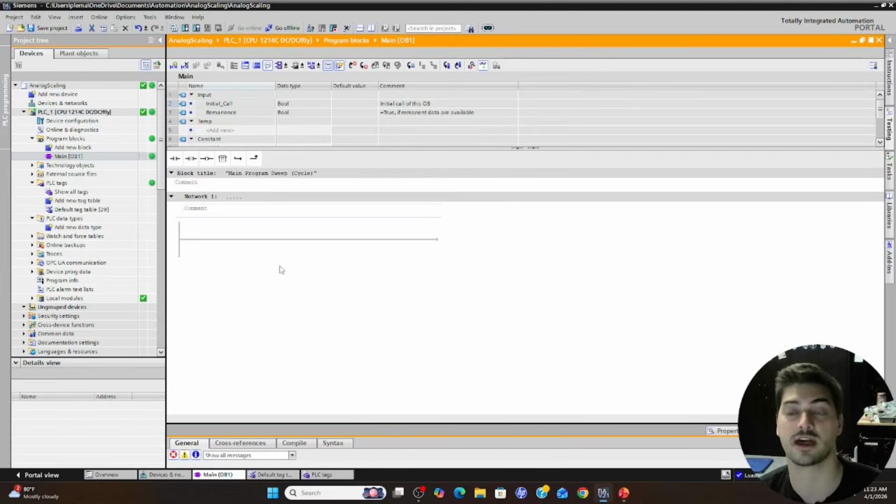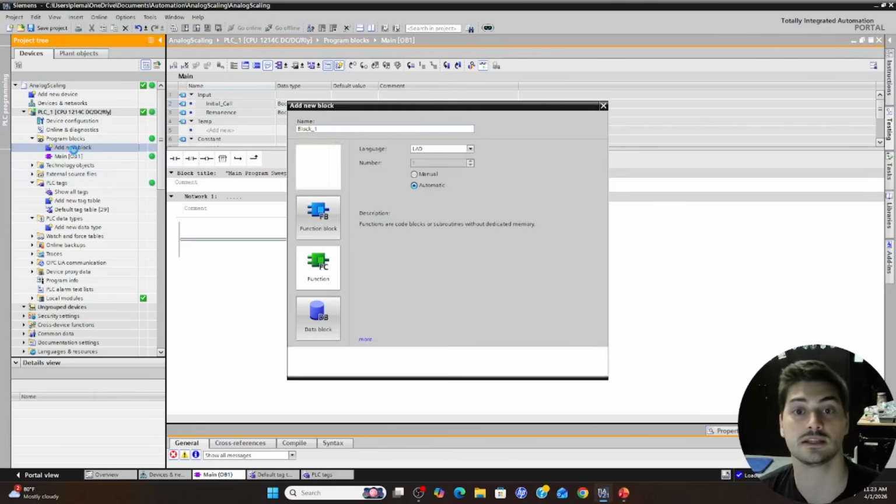But Siemens, the more common one, is 0 to 27,648, where anything below 0 will be seen as under current, and anything above 27,648 will be seen as over current. We'll use 0 to 27,648 because I have the Siemens PLC programming software and a PLC hooked up. But the concepts we're about to cover are universal for any PLC.